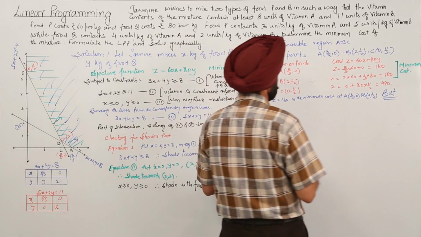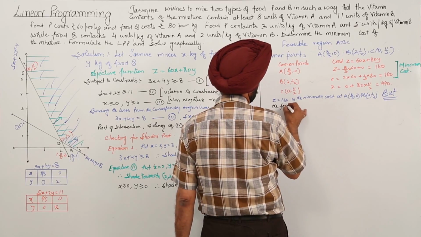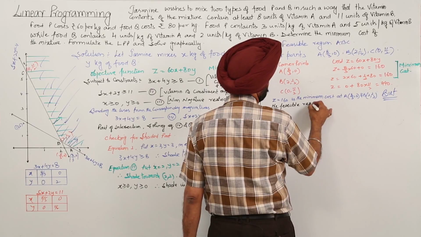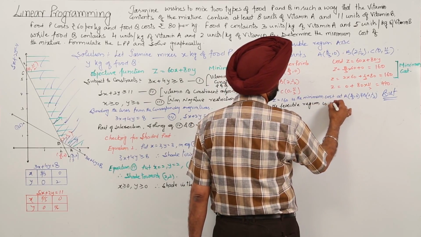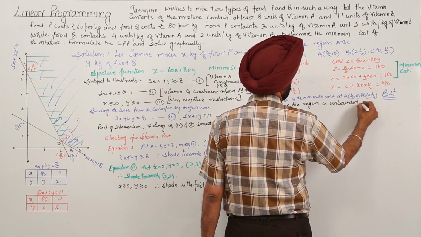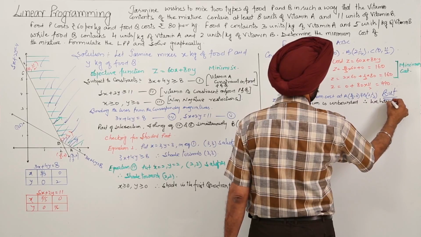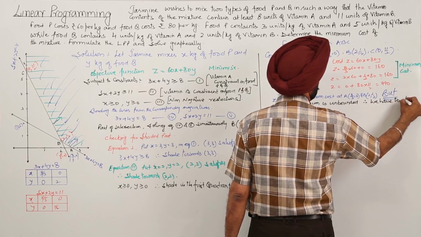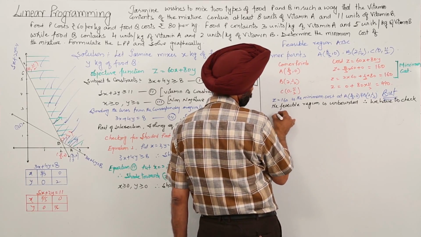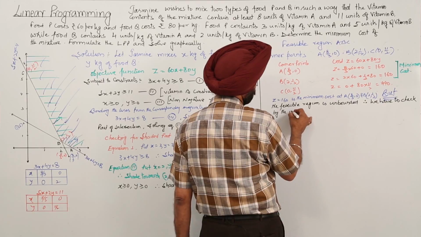But the feasible region is unbounded, therefore we have to check by the inequality.